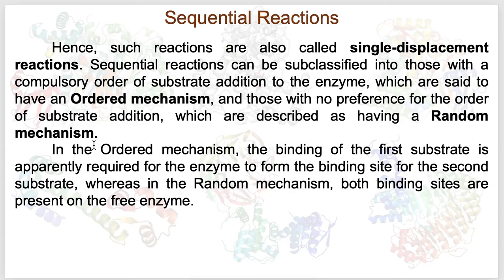In the ordered mechanism, the binding of the first substrate is apparently required for the enzyme to form the binding site for the second substrate. That's why order is essential in the ordered mechanism: if the first substrate doesn't bind with the enzyme, the binding of the second substrate will not occur.